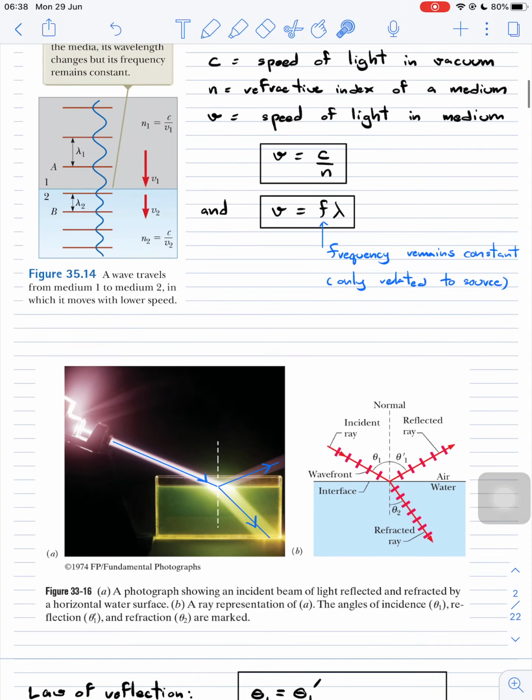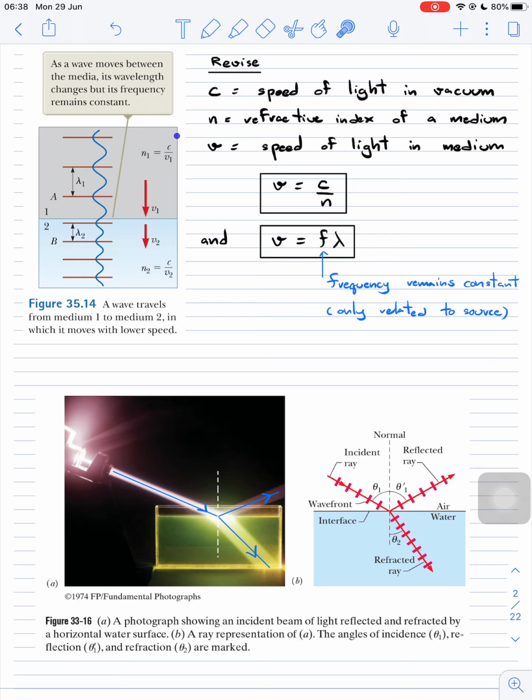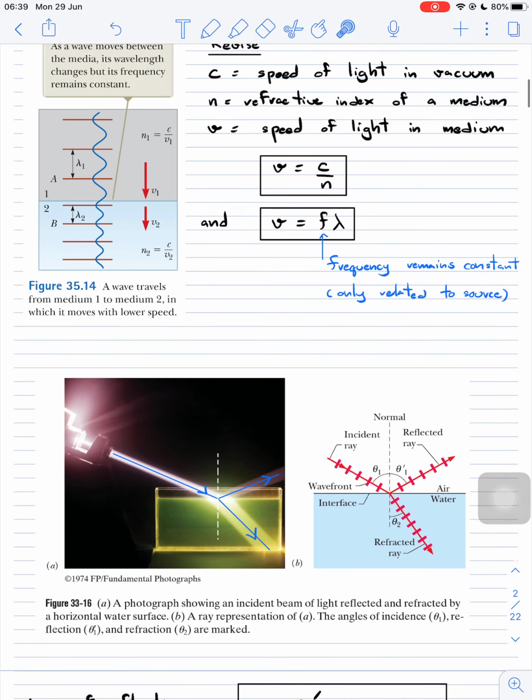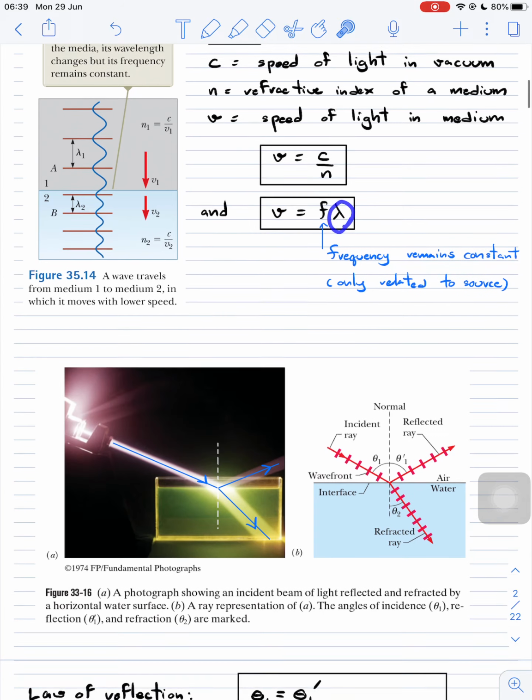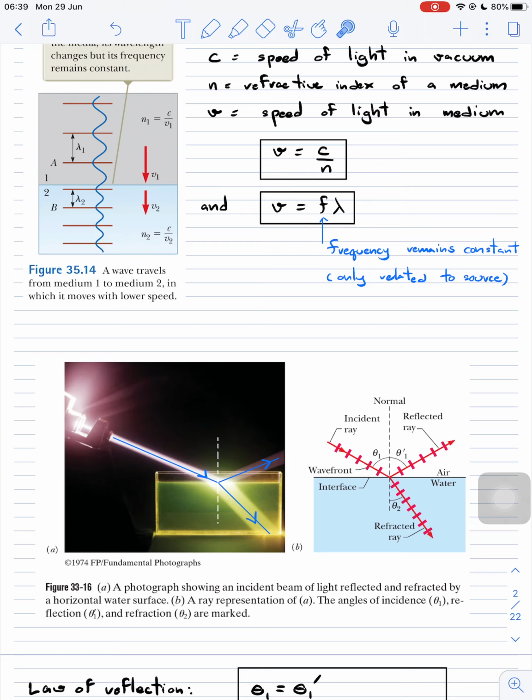So that's why when the electromagnetic wave propagates from one medium to another medium, the frequency must be the same. Now if the frequency is the same, but the speed of the electromagnetic wave is changed, it means that the wavelength will be changed as well. Let's consider the first equation. From the first equation, we have n equals c over v, so n is inversely proportional to v.